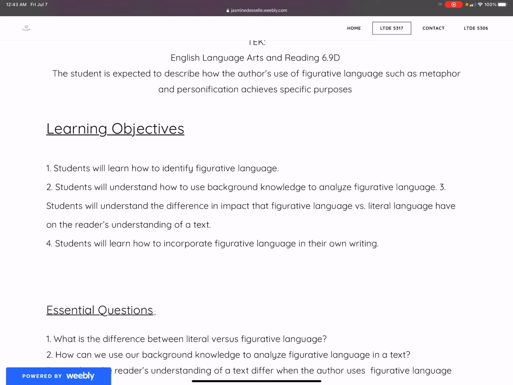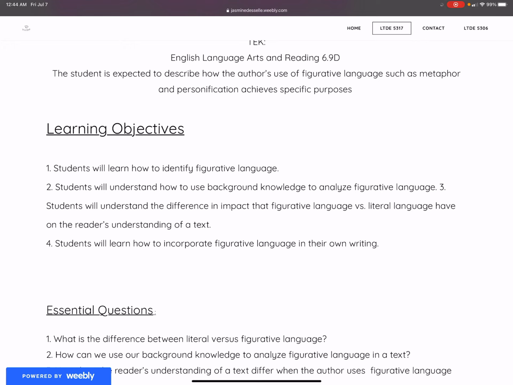We know that figurative language has a much more profound impact on readers in terms of connecting our emotions, giving us more details. The author is able to emphasize more ideas and messages through figurative language versus speaking in just a literal sense.